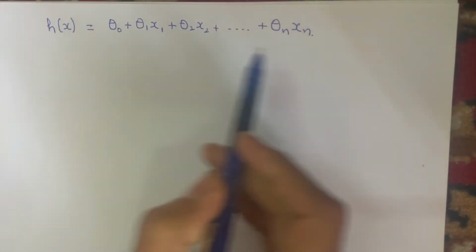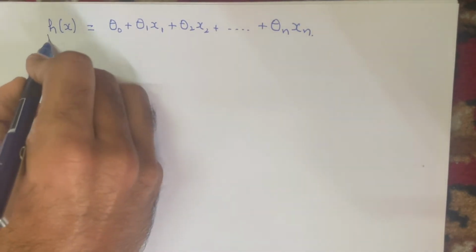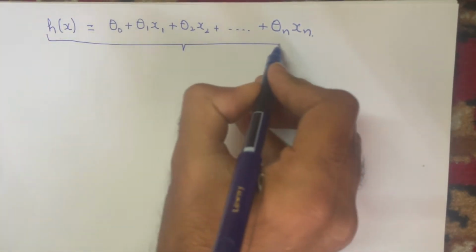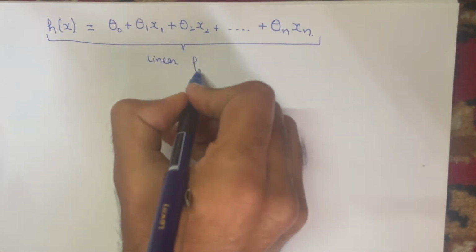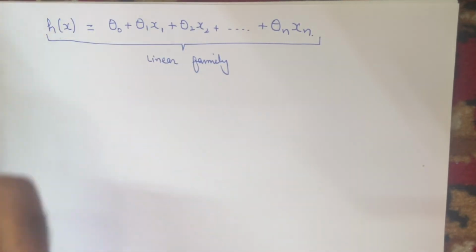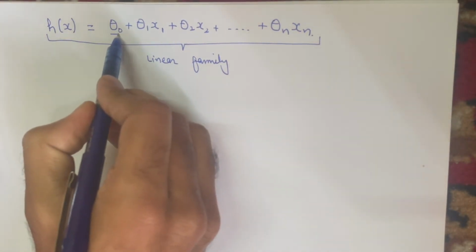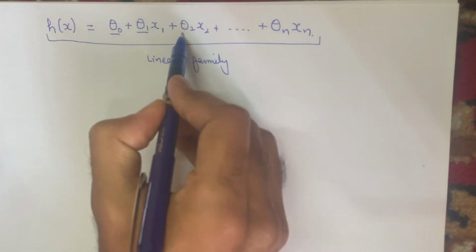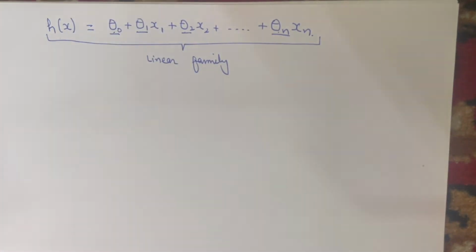But there can be total n features. So that is why I am writing like this. So this is a linear family. Or we can say this particular equation represents thousands of linear equations because every equation can change based on the change in these parameters.